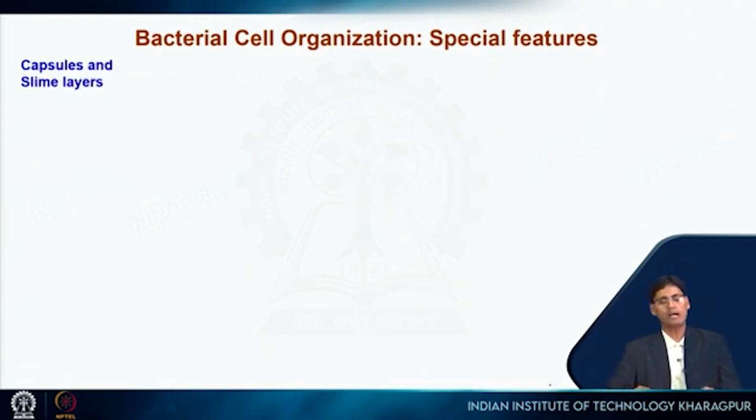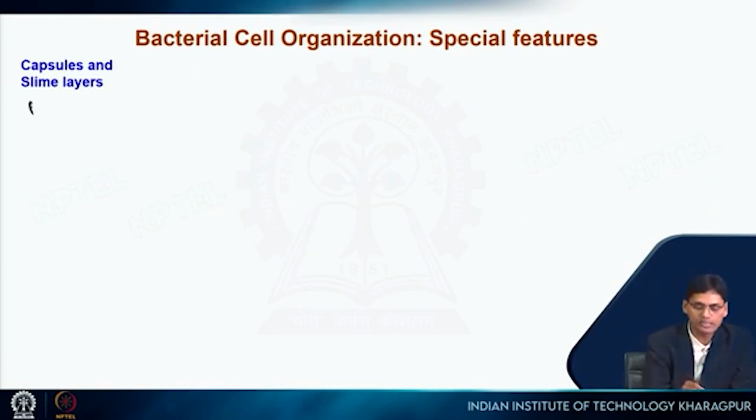And now a few things here, like bacterial special features, for example capsule and slime layer. So, capsule and slime layer, I would say, are present in some bacteria. For example, during Griffith's experiment I discussed Streptococcus pneumoniae. They have some kind of layer, a polysaccharide layer, right.